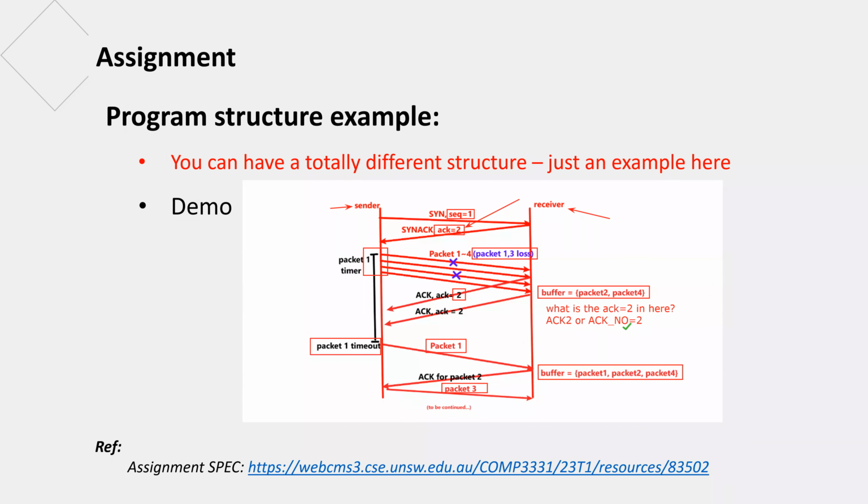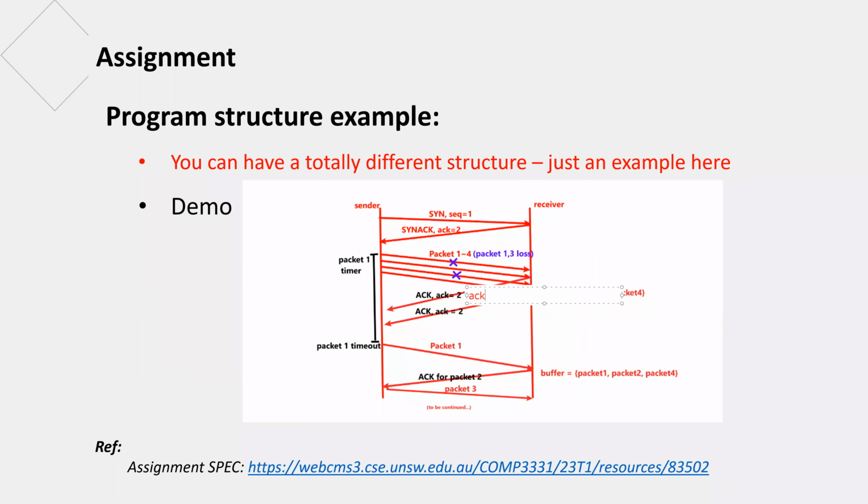Oh, so you are talking about why this ACK equals 2 in here. So you are talking about this part. So ACK number equals what, right? You're asking about this area. So what is the ACK number here? Any idea?